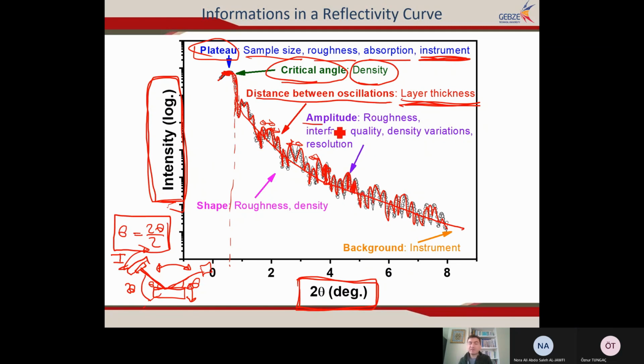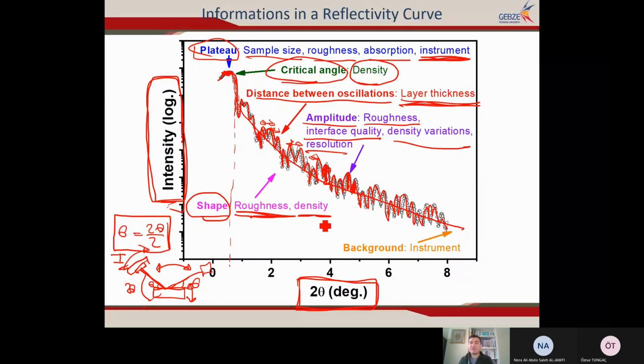This amplitude gives us information about the roughness, interface quality, density variations, and resolution of the instrument. And another feature here, the shape of this curve gives us roughness and density information. So if you change the roughness of the material, if you change the density of the material, then the shape of this curve will be different.